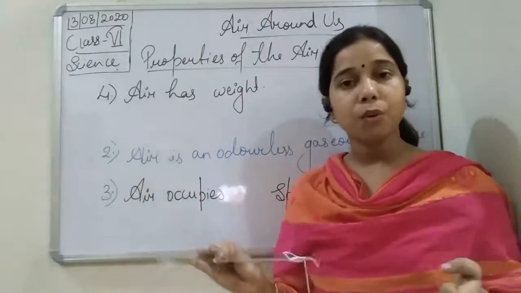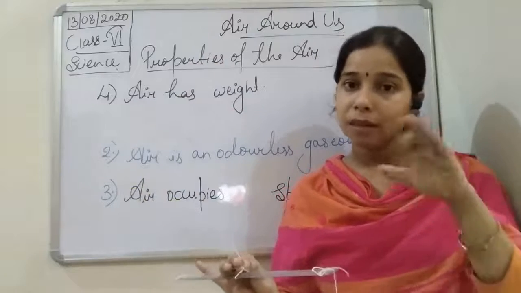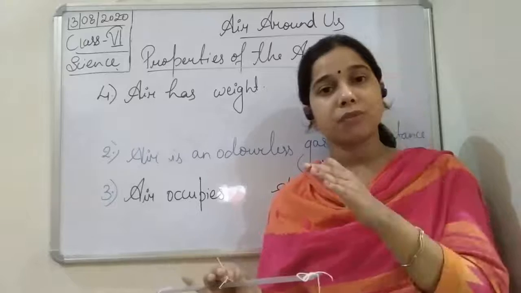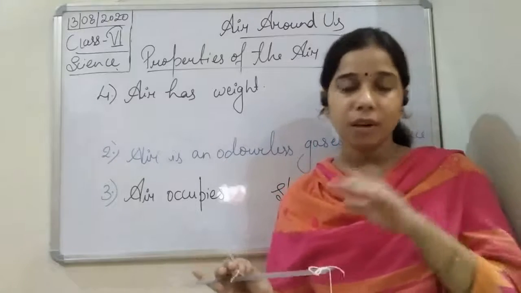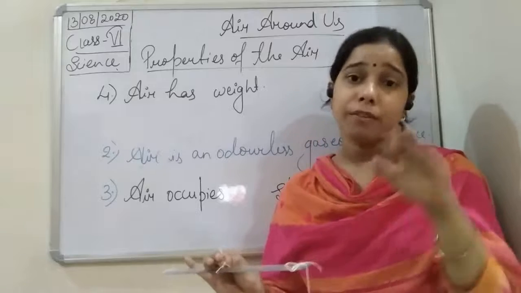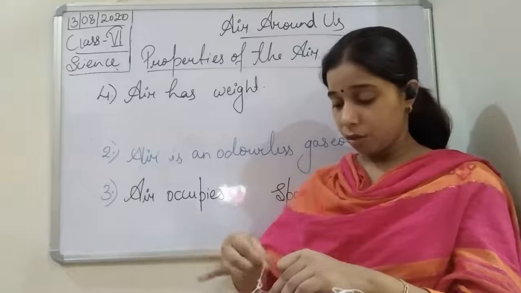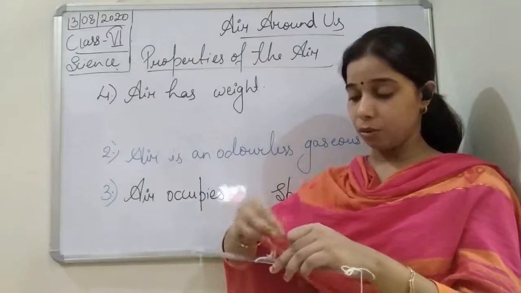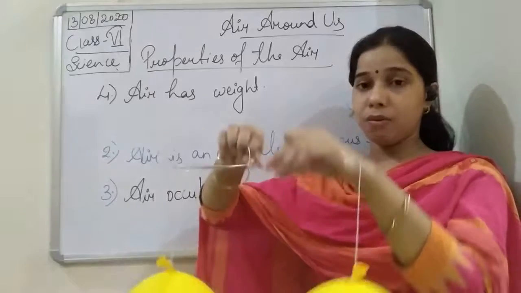That is how we measure weight. The heavier portion gets tilted downward and the lighter portion goes upward, which proves that the two have unequal weight.